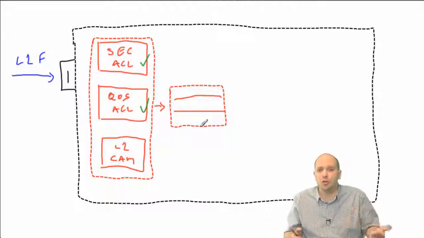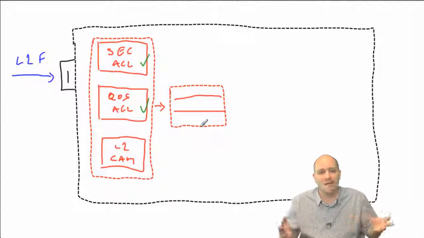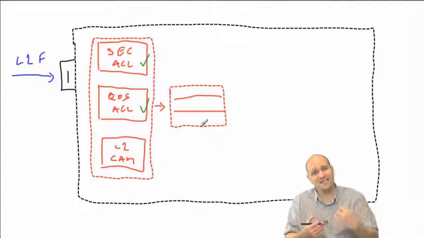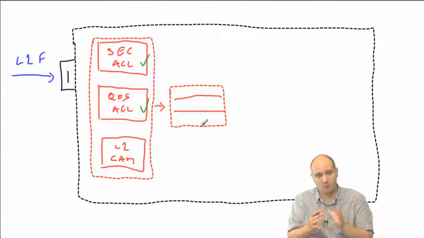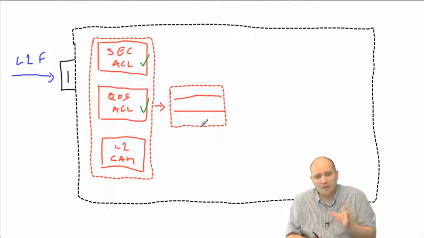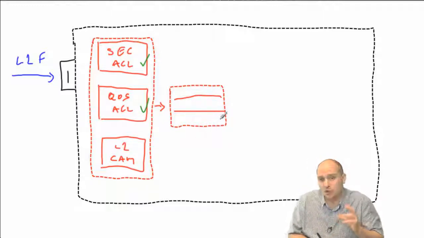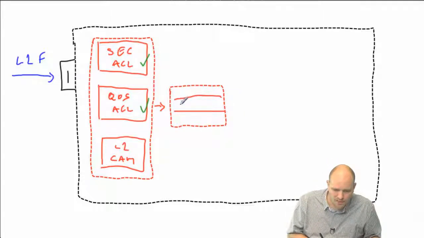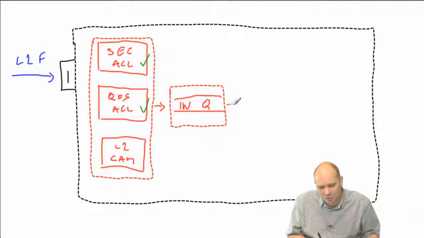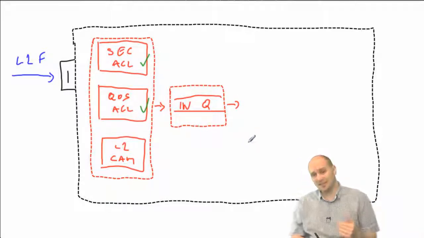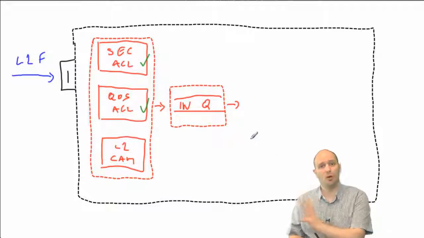You can have 2 queues, or 4 queues, or 8 queues on the ingress, and you can optimize the traffic as it is arriving to your switch from each port individually, or maybe you have shared ingress queues before that same frame is actually sent to the backplane of the switch. So in ingress queuing, we are basically determining how we are going to send traffic to the backplane of the switch.